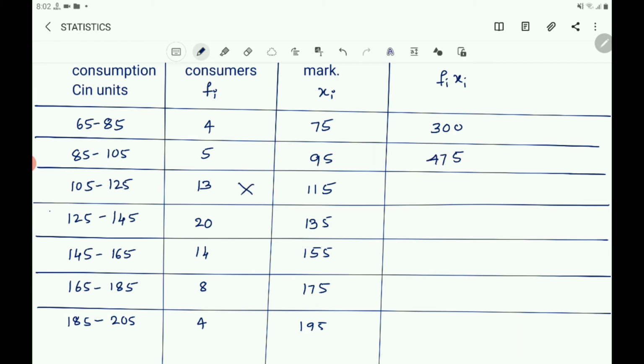Next, 13 into 115. That is 13 5s are 65, and 13 ones are 13 plus 6, 19, and 13 ones are 13 plus 1, 14. 1495 you got here.